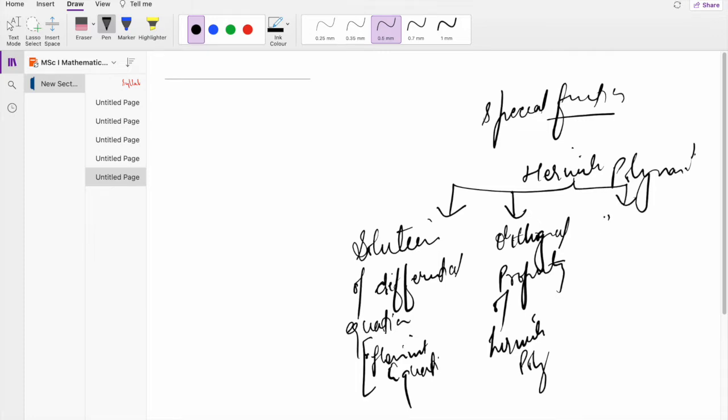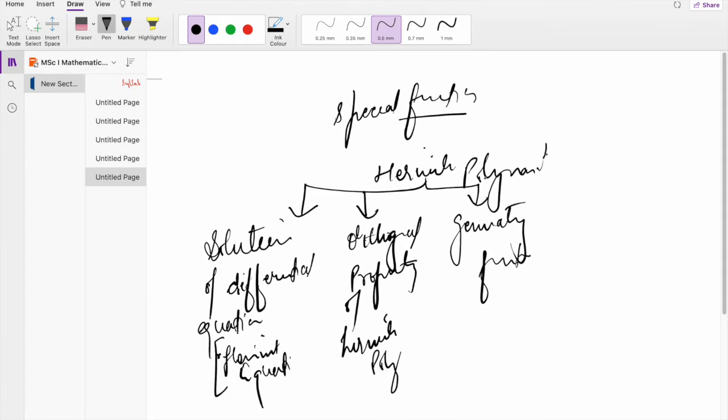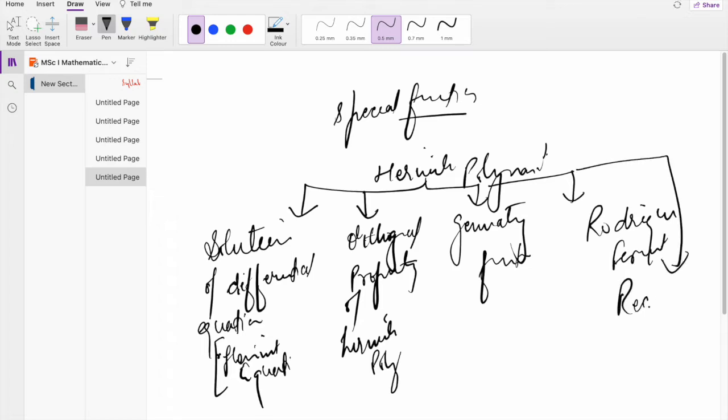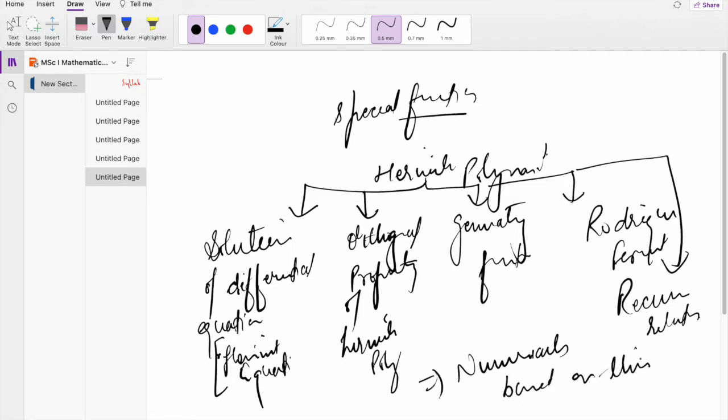Then we have studied the generating function, then Rodrigues formula, and a few recurrence relations. And regarding all these topics, we have studied numericals based on these topics.